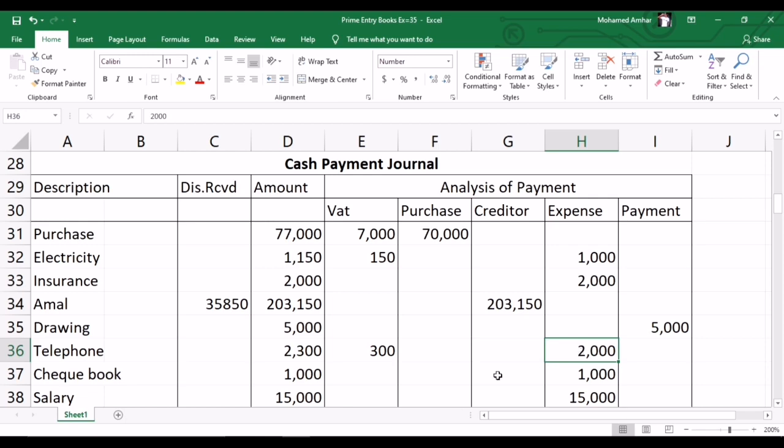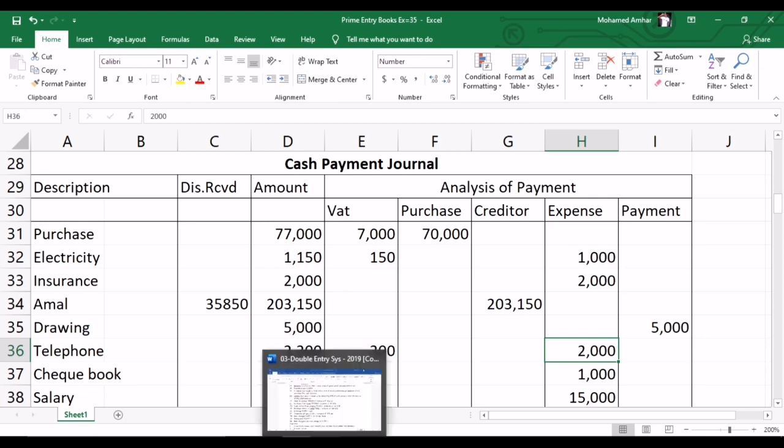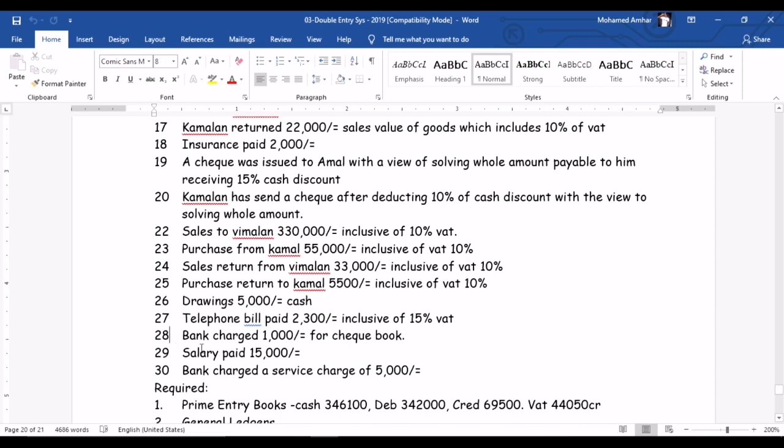Right. Next date is 28. Bank charged 1,000 for checkbook. Although it is given under the date of 28, actually we don't know until we receive the bank statement.